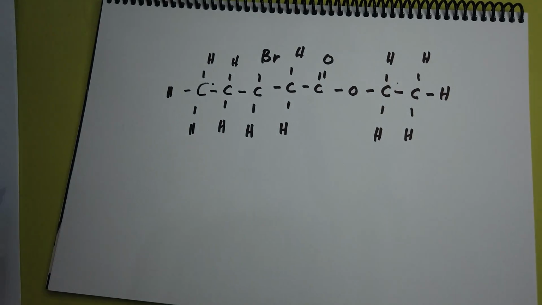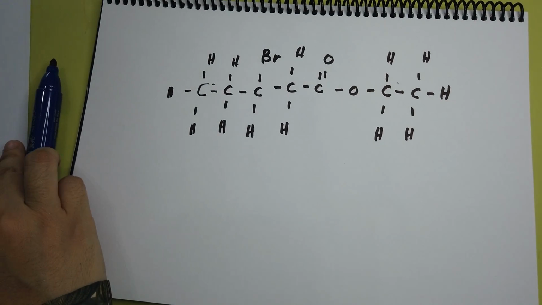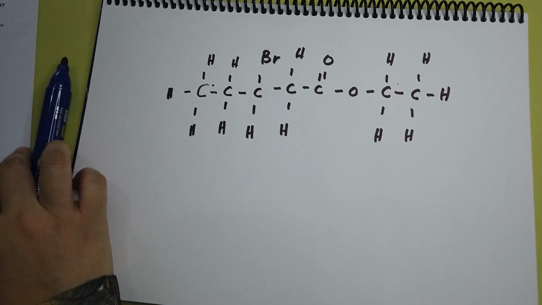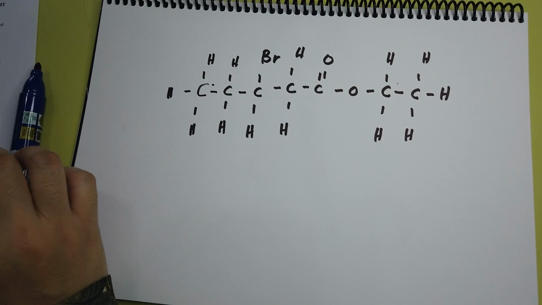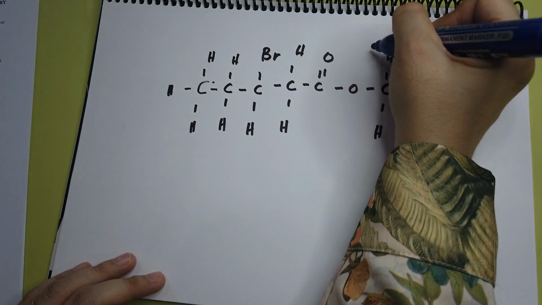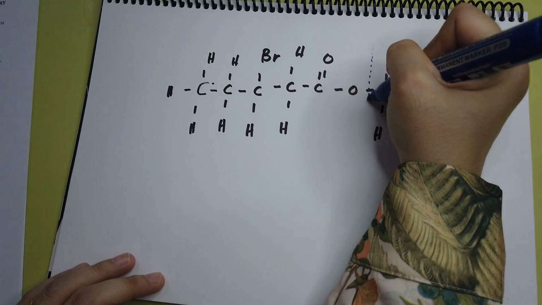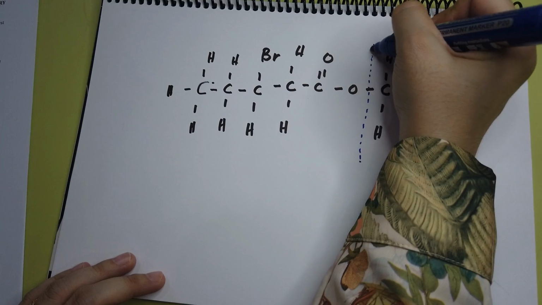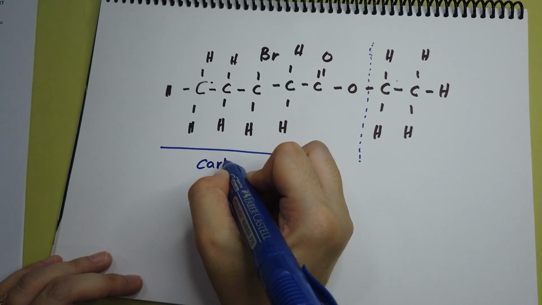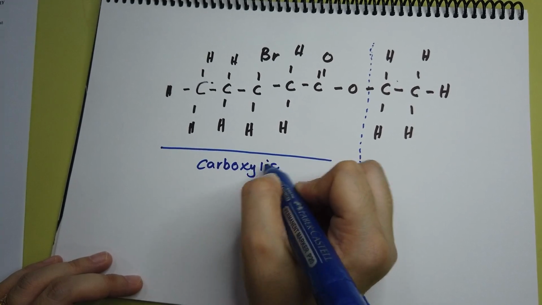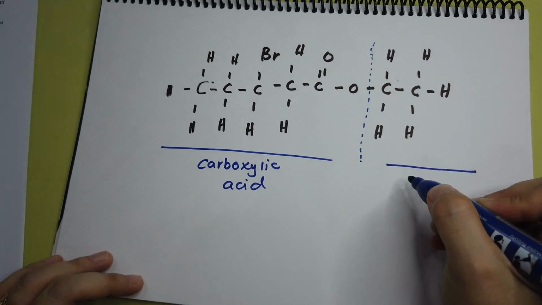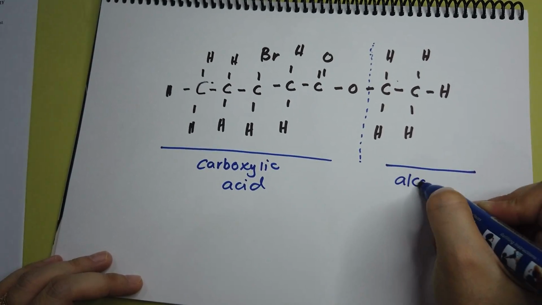Okay, so this is your structure, ethyl 3-bromopentanoate. With the trick that I taught you just now, you need to find this O and make the line. This part here is from your carboxylic acid, and this part here is from your alcohol.